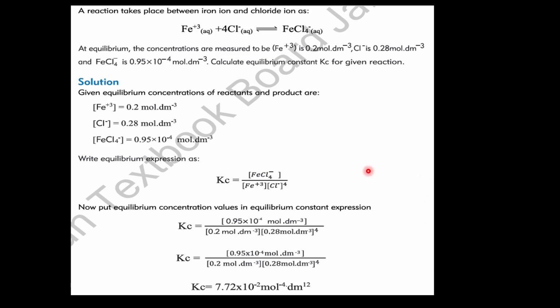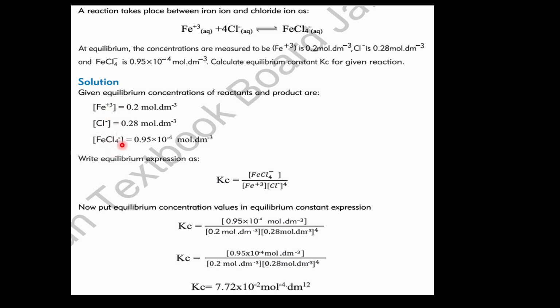This is another example. A reaction takes place between iron and chloride ions. So iron and chloride ion gives this. At equilibrium, the concentrations are measured to be 0.2 mole for iron, 0.28 mole per dm cube for chloride ion, and similarly for FeCl4 it is 0.95 into 10 raised to the power minus 4 mole per dm cube. Calculate the equilibrium constant Kc for the given reaction. So look over here.